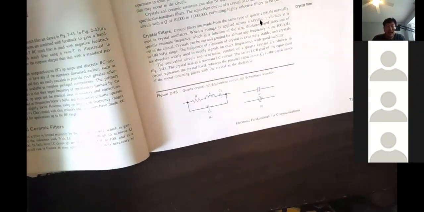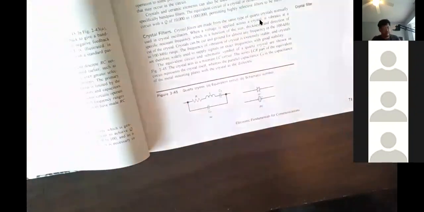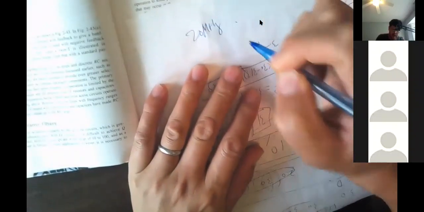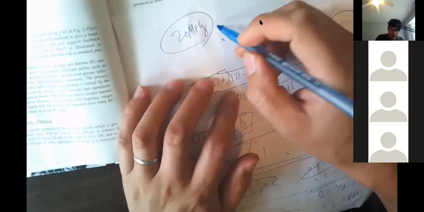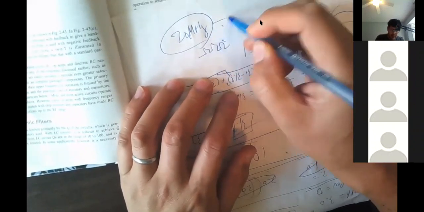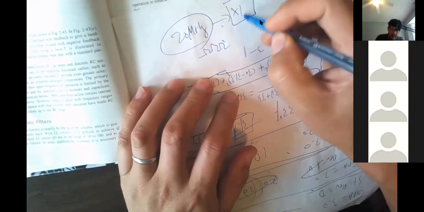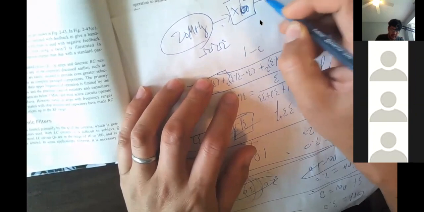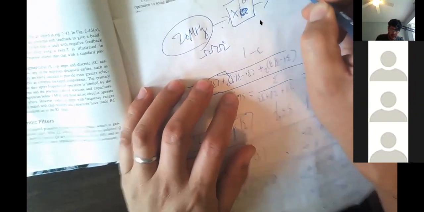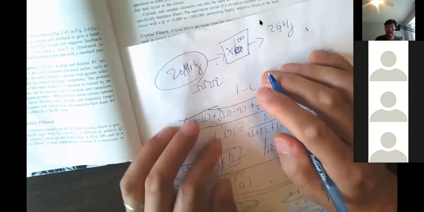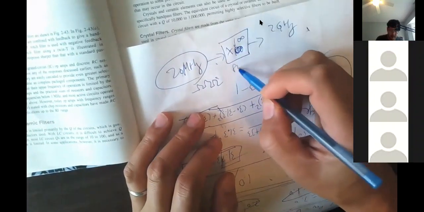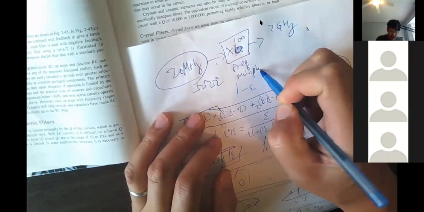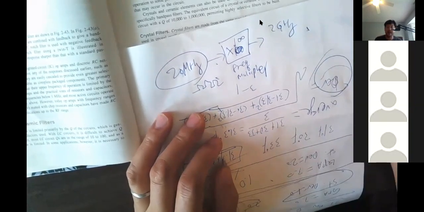But your Raspberry Pi runs at gigahertz. The 20 megahertz crystal creates a 20 megahertz clock. You multiply by 100, and you get 2 gigahertz. This is called a frequency multiplier.